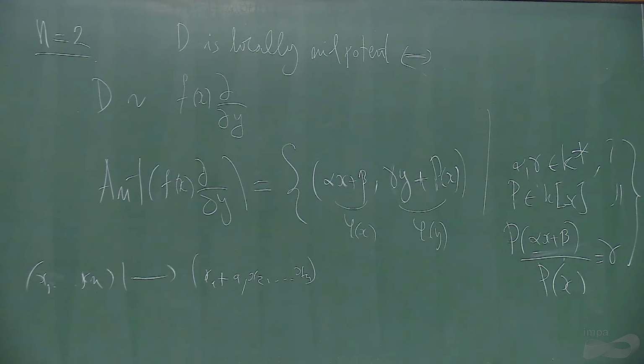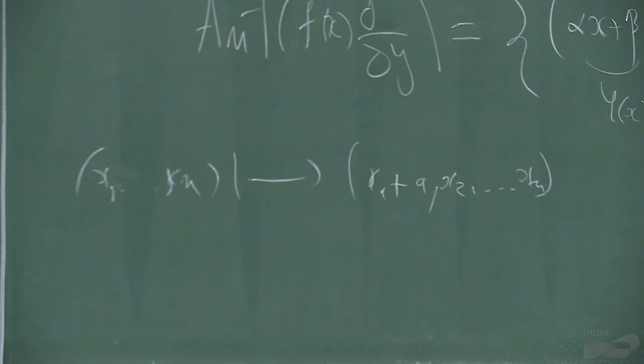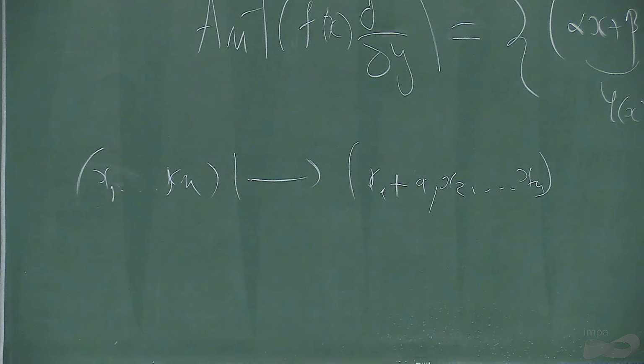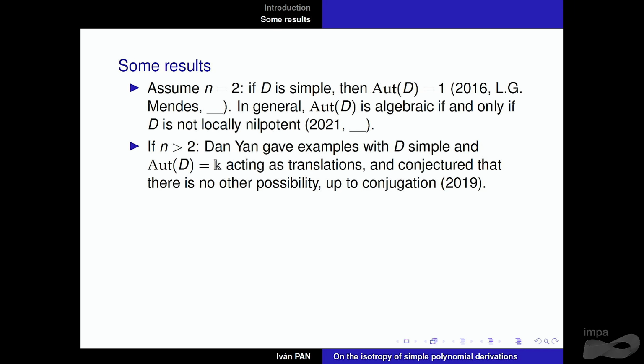Okay, it's an automorphism like that, acting in this form. She gave examples like that in dimension 3 and in all dimensions, different families of examples with the isotropy equal to K. And also, she conjectured that there is no other possibility up to conjugation.